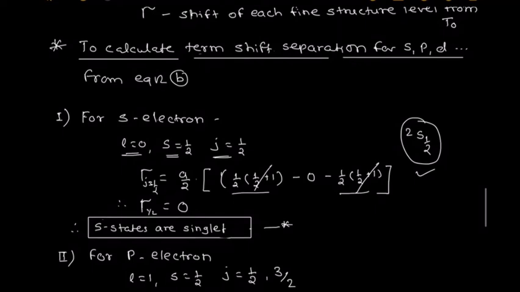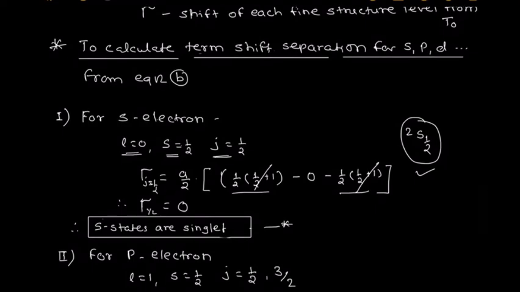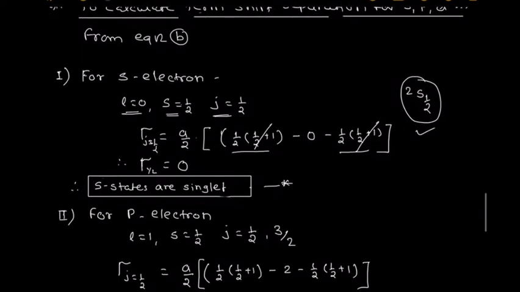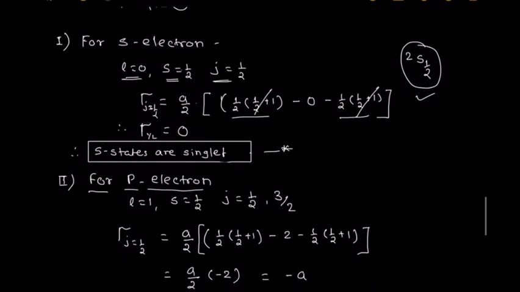Now, that is the explanation for why the S state is the singlet state. That explanation was given by spin orbit interaction as well as the vector atom model. Now for the p electron, L is 1, S is half.